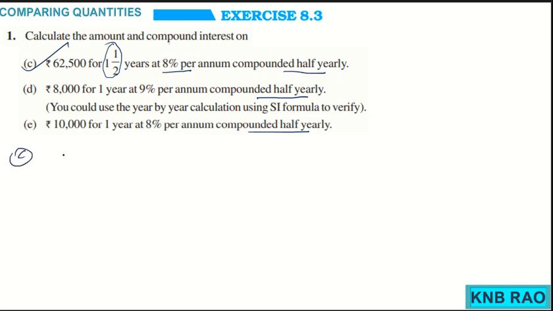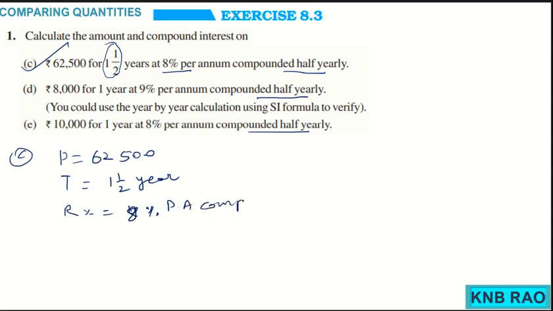So in this, principal is 62,500, time period is 1.5 year, and rate of interest is 8% per annum, compounded half yearly.